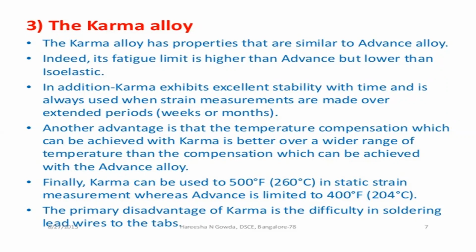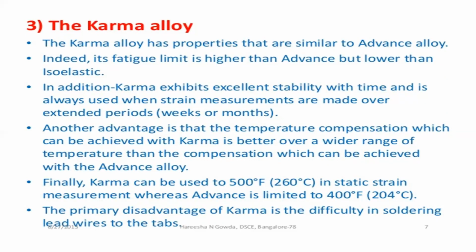In addition, Karma exhibits excellent stability with time, and it is always used when strain measurements are made over extended periods. Another advantage is that the temperature compensation achieved with Karma is better over a wider range of temperature than the compensation which can be achieved with the advanced alloys.